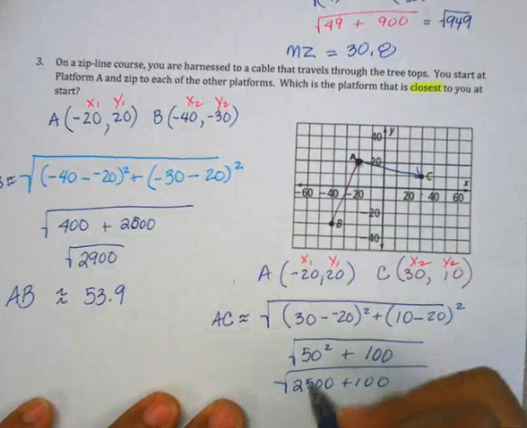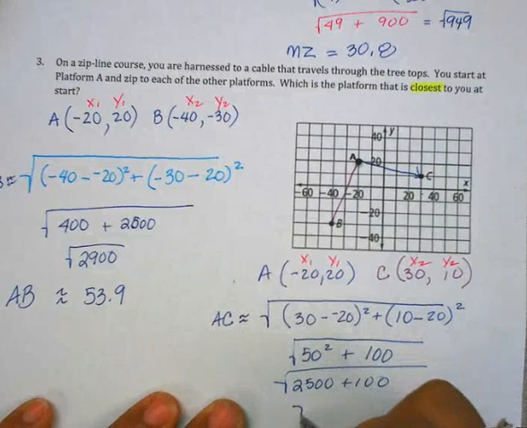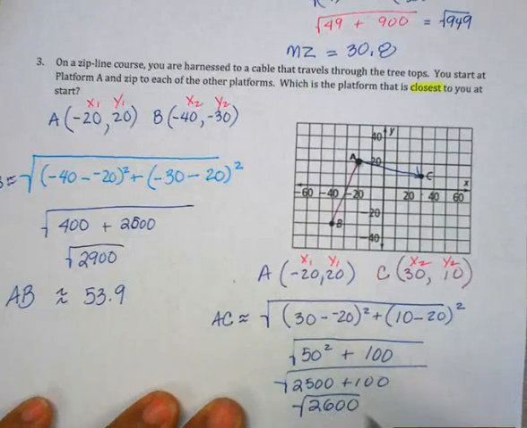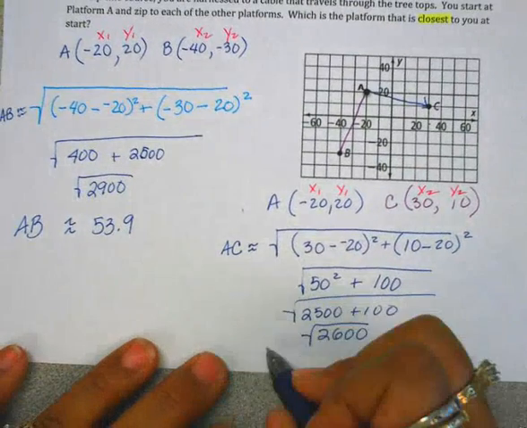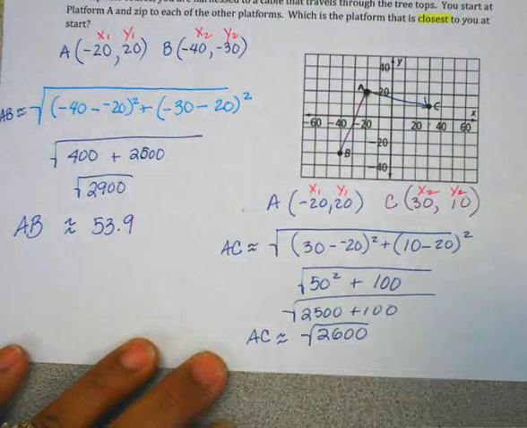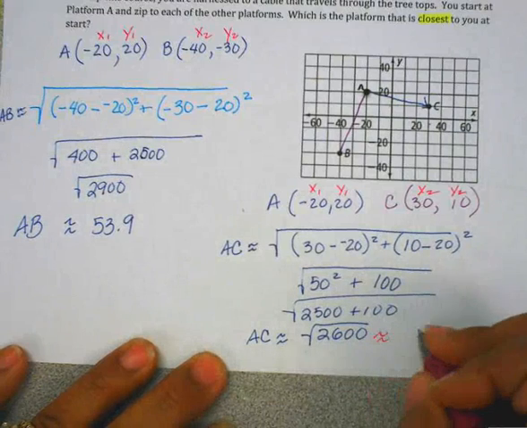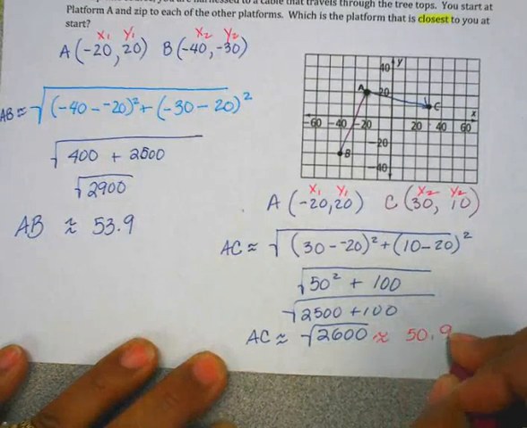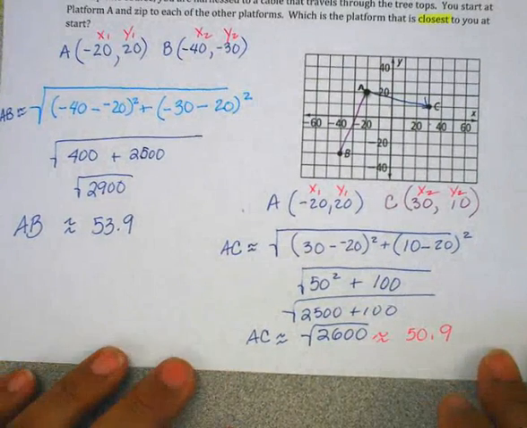Woo, big numbers. The square root of 2,600 is the distance from A to C, which is approximately 50.9 units.